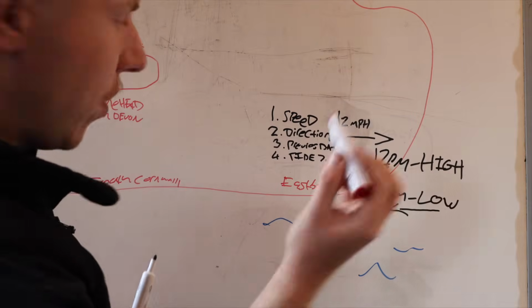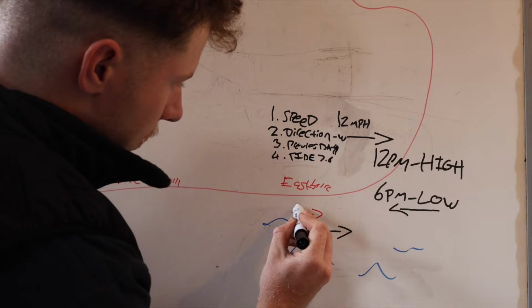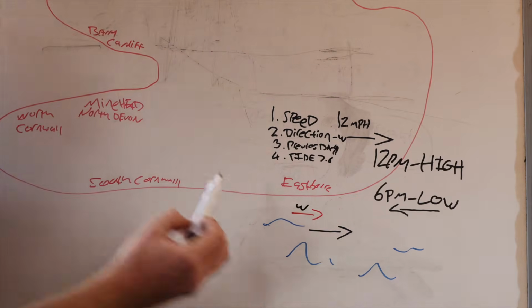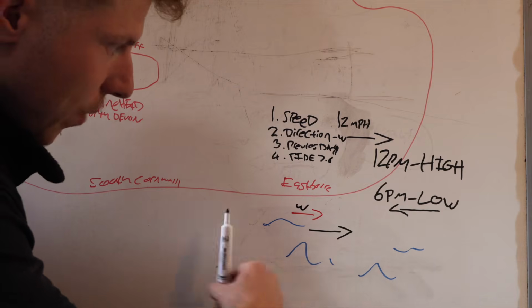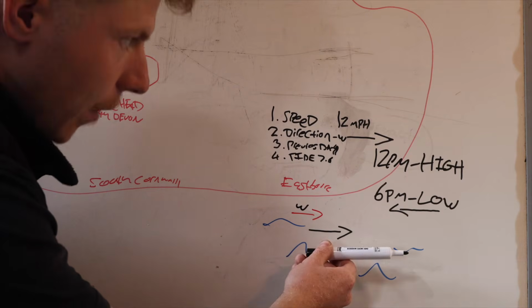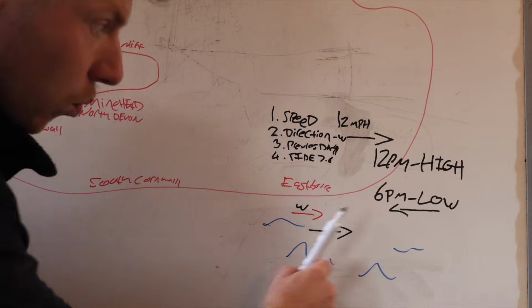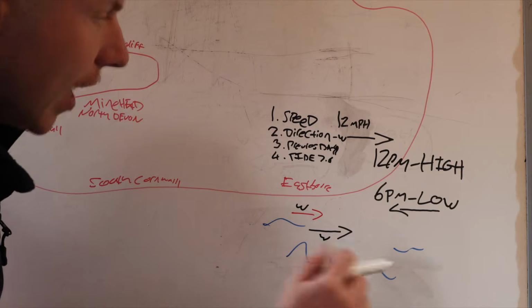We're going to use the red one for the wind. Because it's a westerly wind, the wind is also going towards the east. So westerly wind that way, and our tide is also going that way. So we've got wind with tide in the morning.